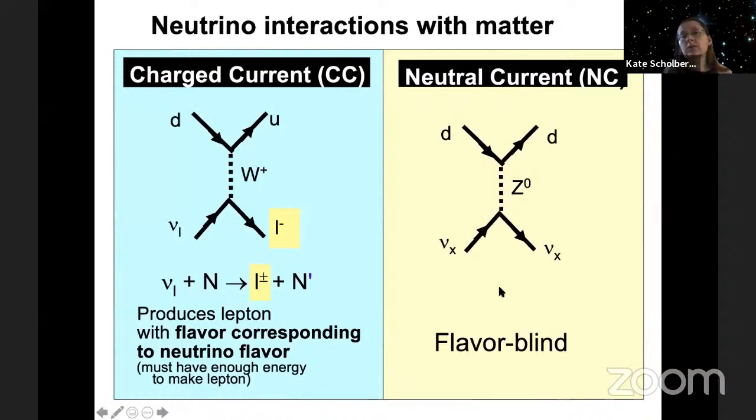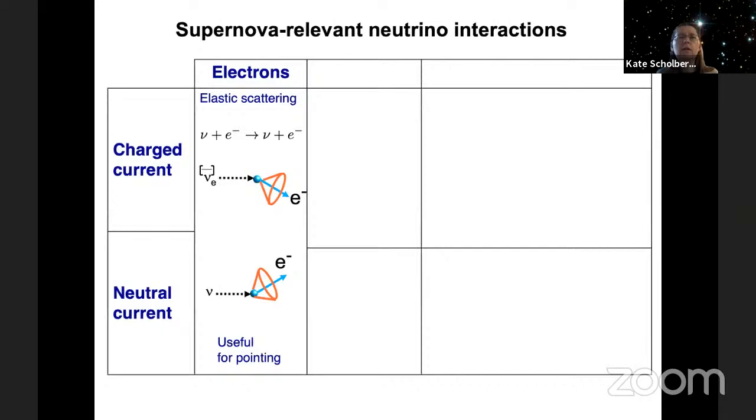But the feature of a neutral current is that they don't care about the flavor of the neutrino. And so all neutrino flavors will have neutral current interactions at the same rate. And so that's a way to access neutrinos experimentally that are below the threshold for making a charged current interaction like this. And that's a valuable tool for supernova neutrinos, but the rates tend to be low.